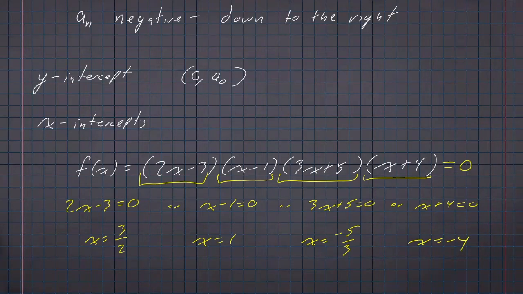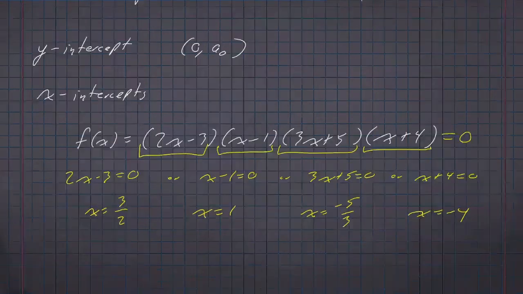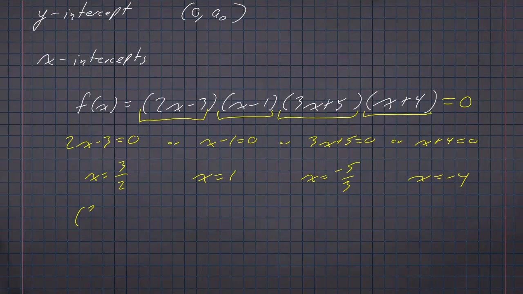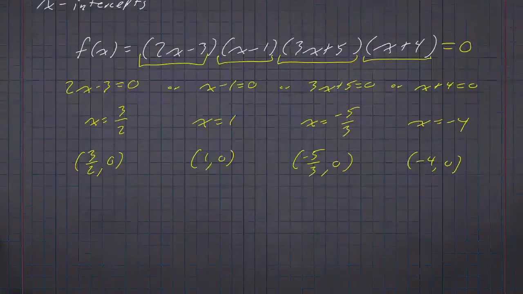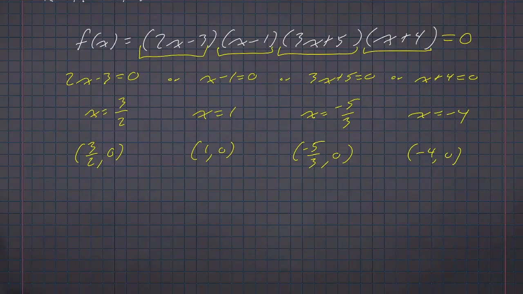Right? We now know all of the zeros, so that gives us the 4 x-intercepts: (3/2, 0), (1, 0), (negative 5/3, 0), and (negative 4, 0) that we're going to be working with. We can find the y-intercept, as I said earlier, by simply plugging in f of 0.